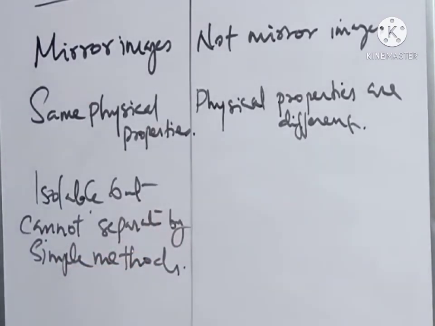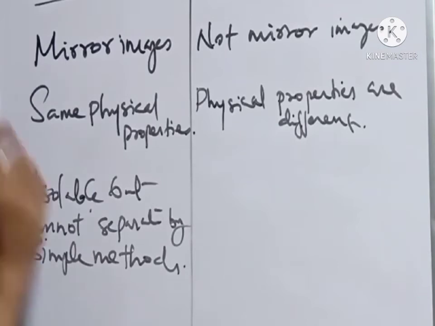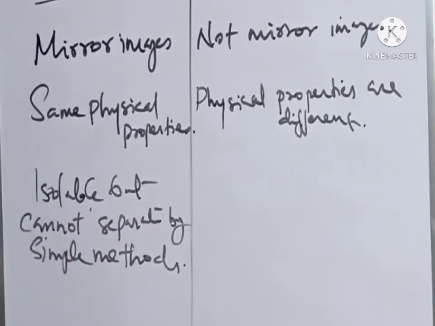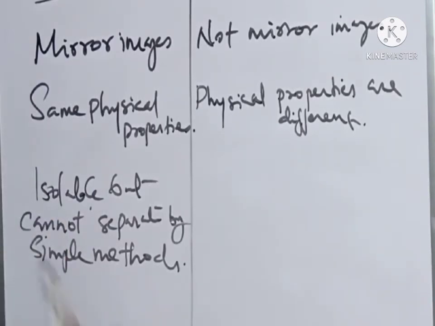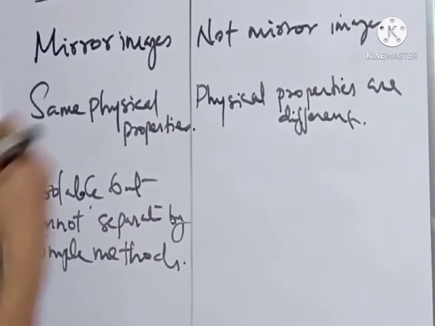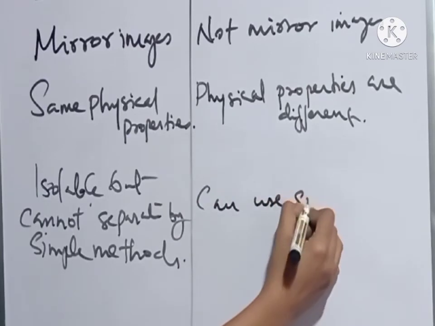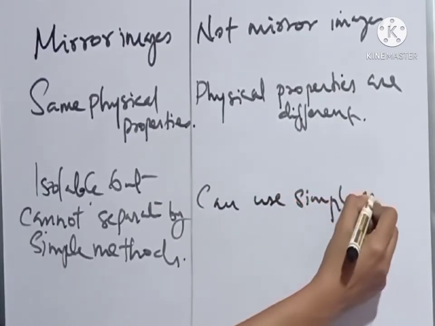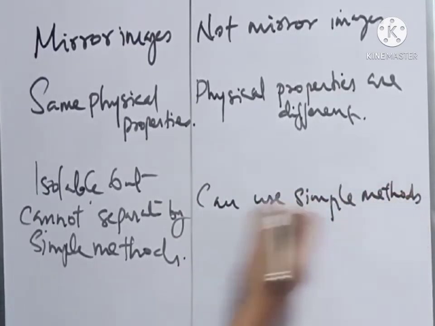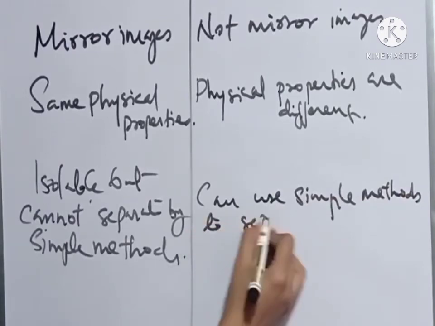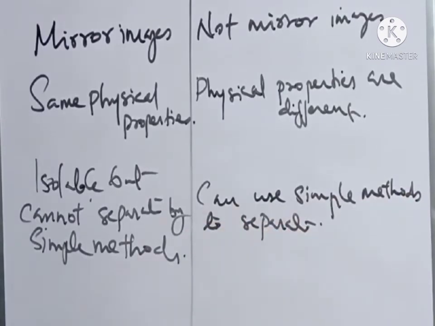But coming to diastereoisomers, their physical properties are entirely different, so it is easy to separate them by using simple physical methods.